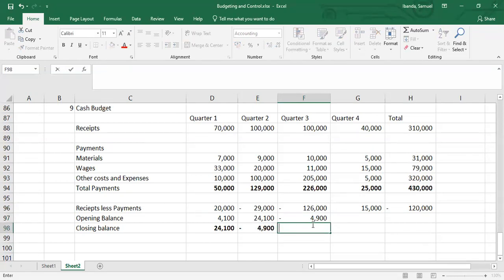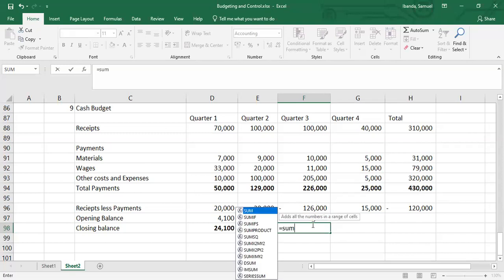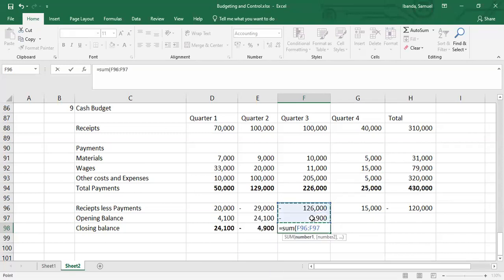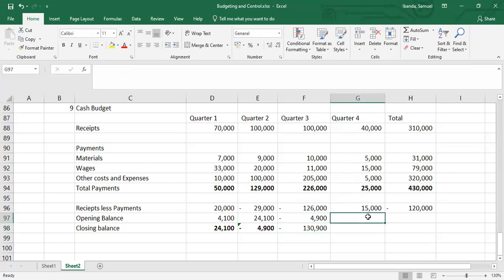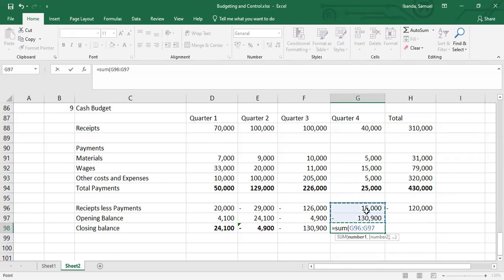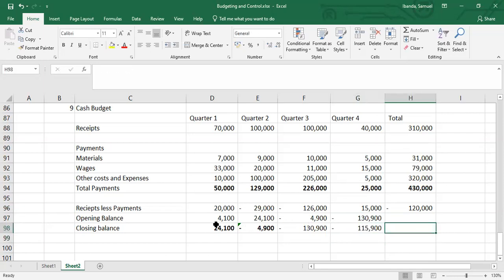So you still get a summation of this, like that. So you proceed. This will be right here. So this is what you have now. As you can see, in quarter 2, based on our cash budget, we estimate that we shall be in a deficit in our cash.